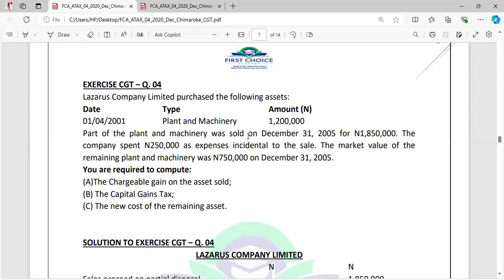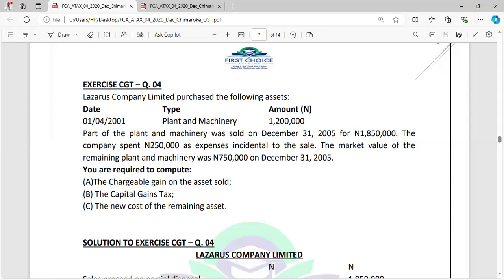The market value of the remaining parts of the plant and machinery was 750,000. As you are selling a part of it, you would have called a valuer. A valuer will value the whole asset. Even though you bought it at an original price of 1,200,000, a valuer will value it at the market price on the date you are disposing of it.